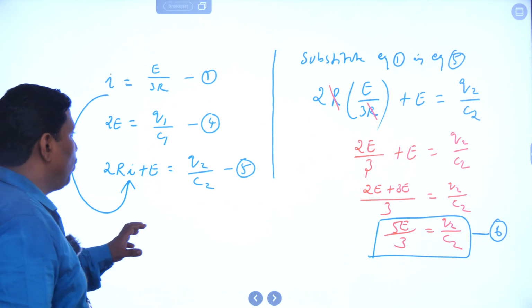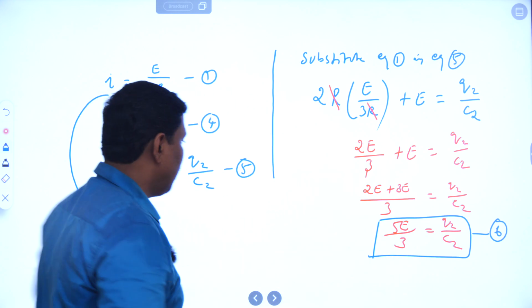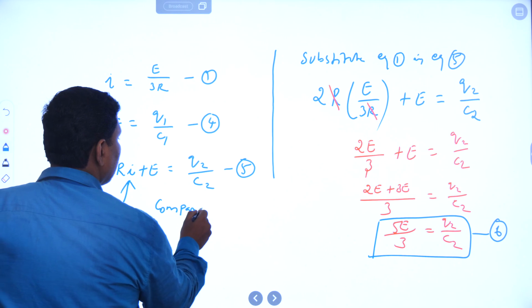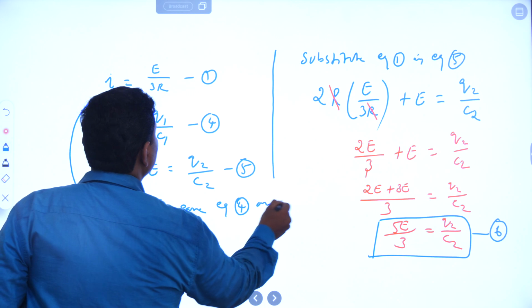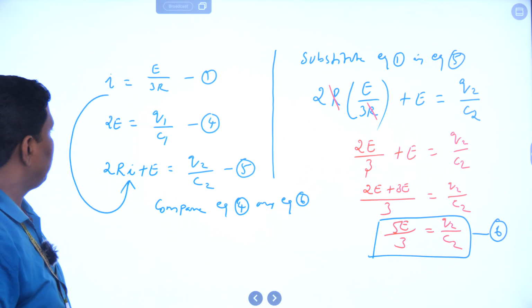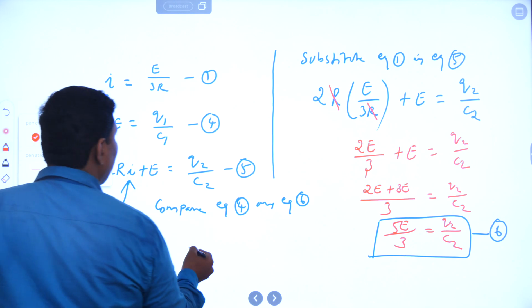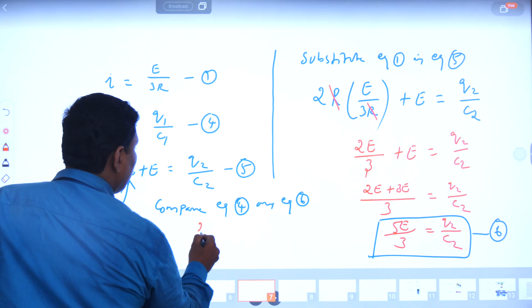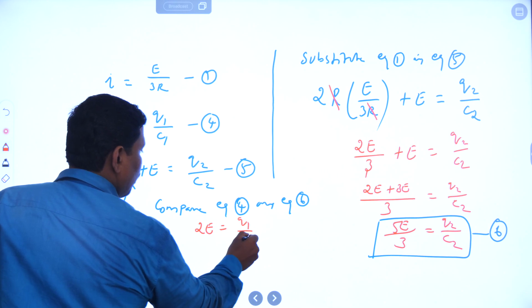Clear? So 5E divided by 3 equal to Q2 divided by C2. Now compare equation number 4 and 6. From equation 4, 2E equal to Q1 divided by C1.